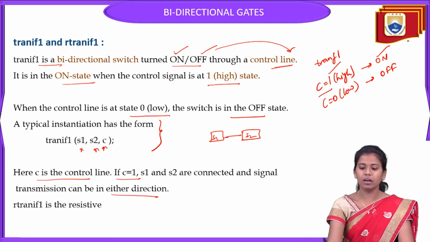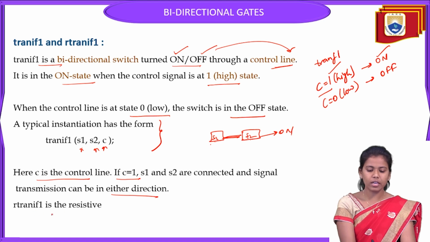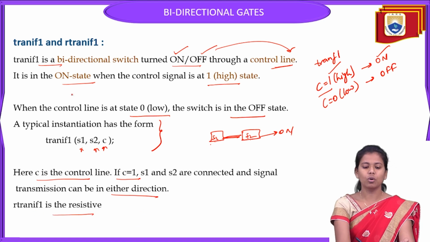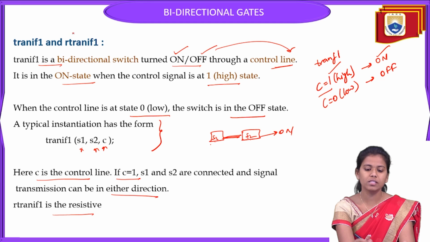That means both signal lines S1 and S2 are connected to each other, and when they are connected, it is in the on state. Then RTranif1 is the resistive version, and the same mechanism goes with RTranif1 as with Tranif1.